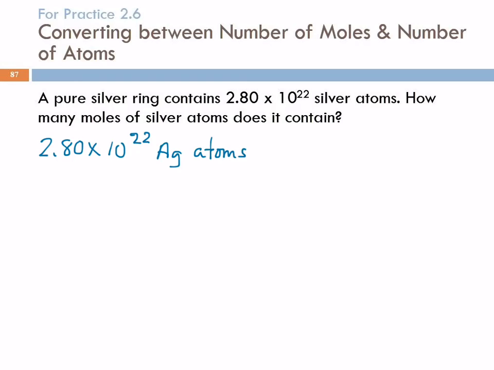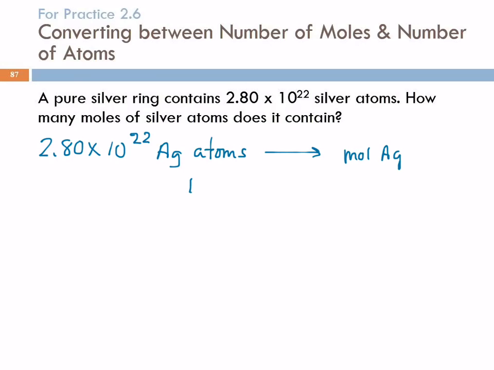There's only 1 number in the problem, so that's probably the number we're going to convert into something else. What's the question? How many moles? So I need to go from atoms to moles of silver. And we can do that in 1 step.